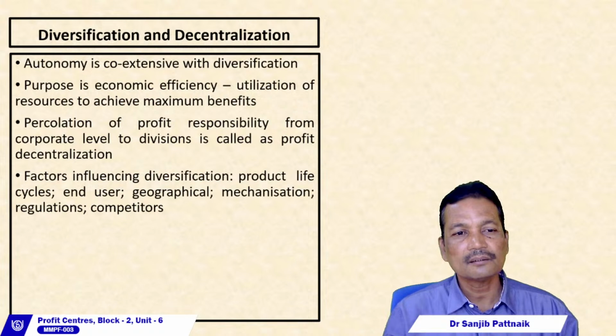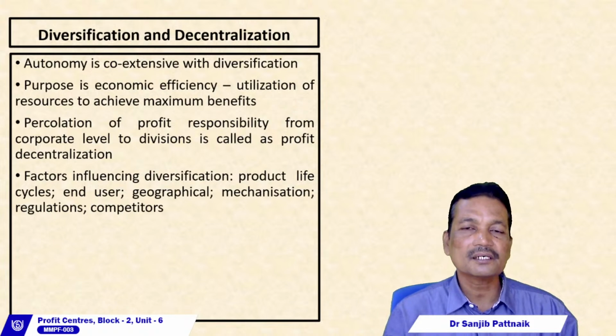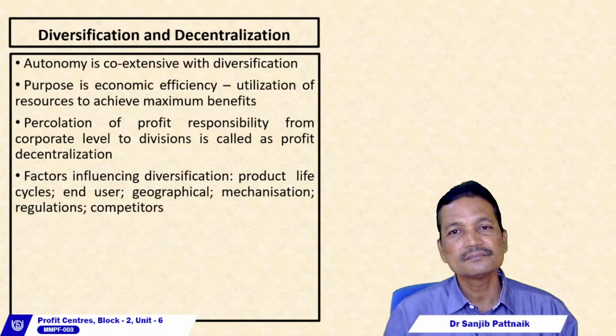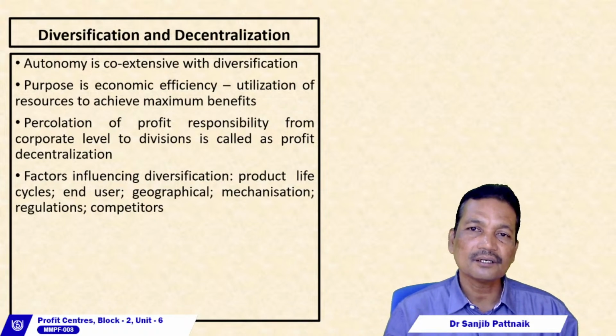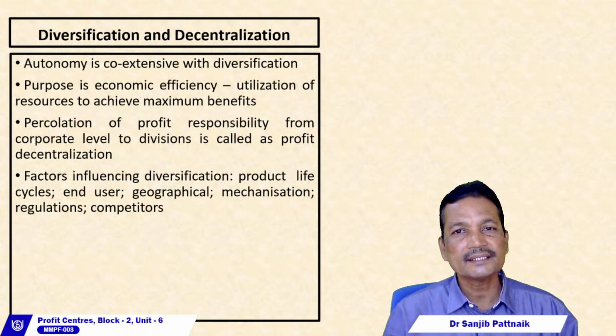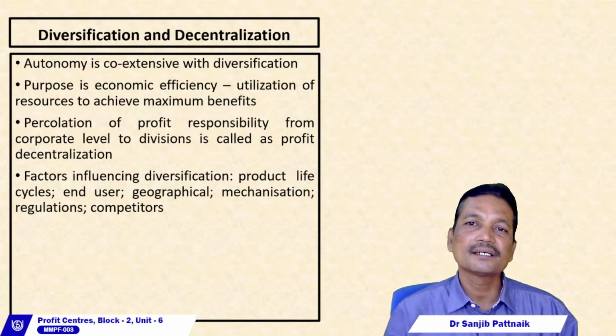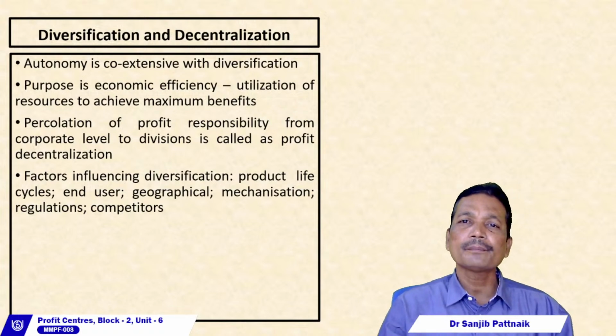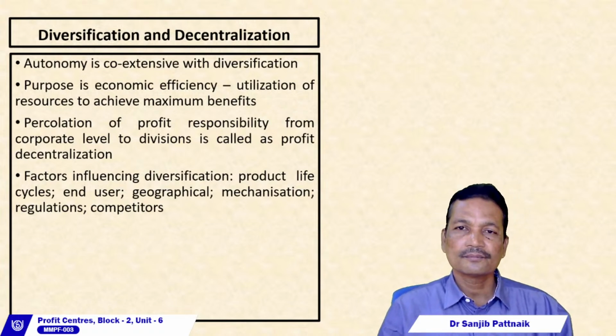When we look at the diversification aspect, one can be product life cycles. We have many items whose product life cycles, from the time it gets introduced to the market till it reaches or falls from the maturity stage, that means it is going to be wiped out of the market, may be very short.